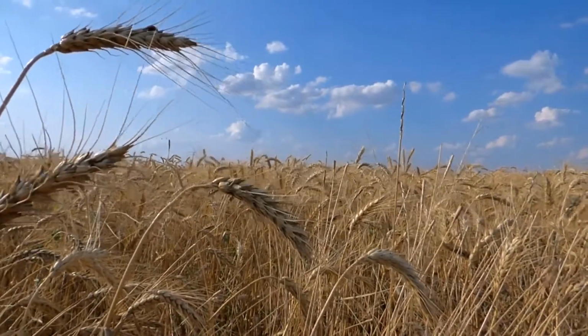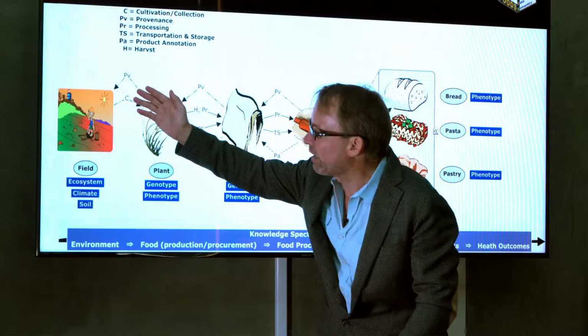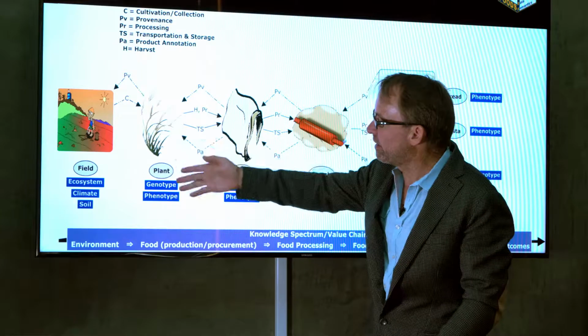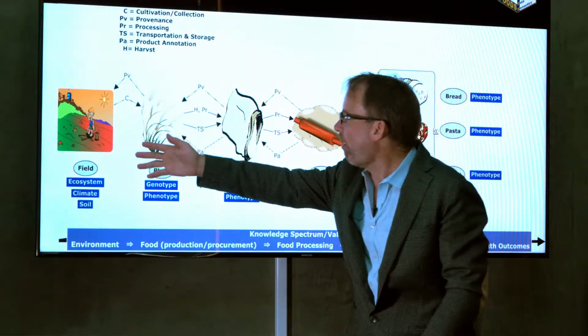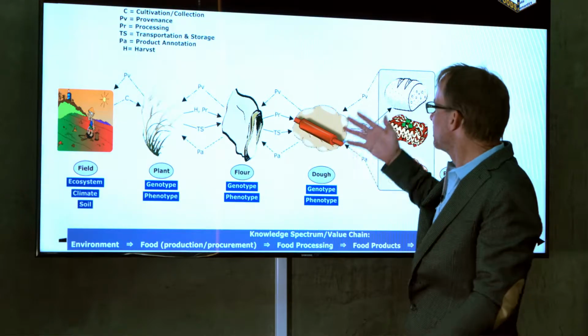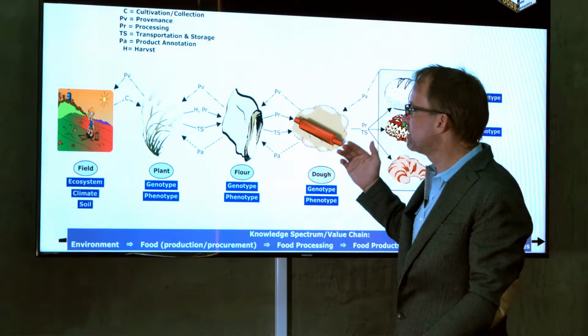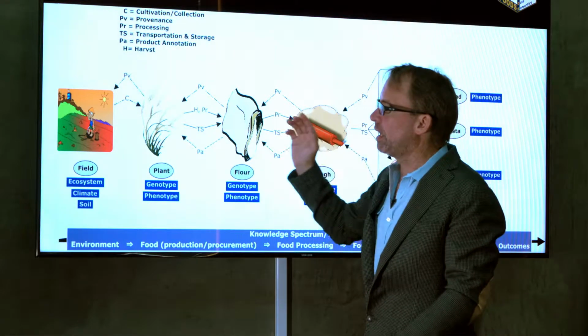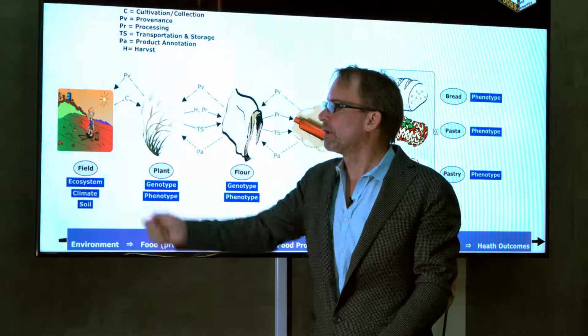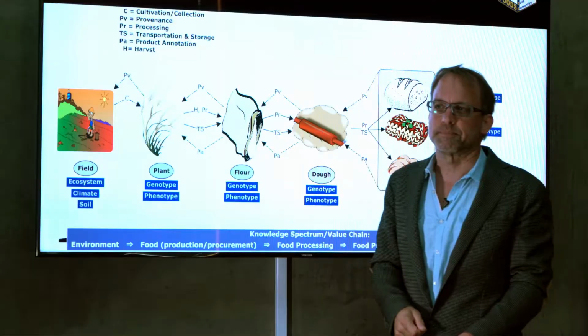So when we can figure out how to annotate wheat for the genetics and the phenotype of wheat and how it responds to drought and pest tolerance, all the way up to how to make it delicious, then we can make better decisions about how to make our tasty food that is also compatible with a good environment and good health.